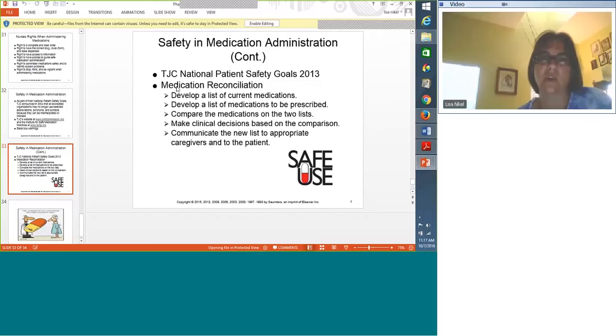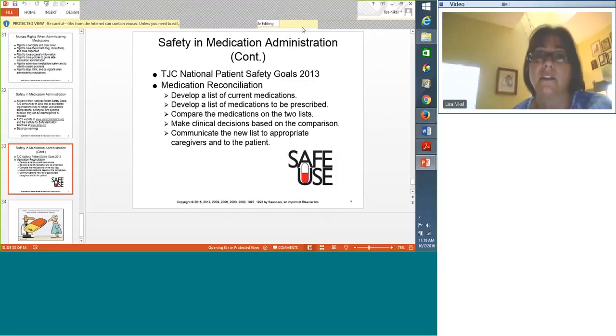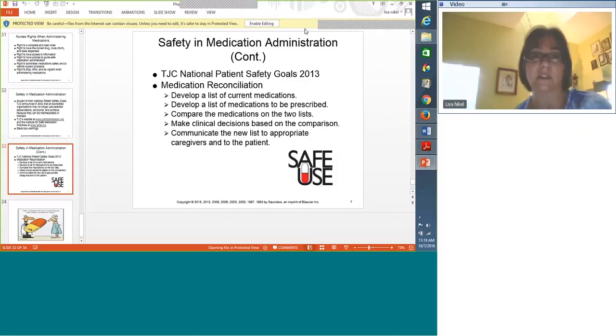Again, as part of the Joint Commission's National Patient Safety Goals in 2013, there's a process called medication reconciliation. When a client comes into a facility, they have a list of the medications they're currently on that is compared to medications that may currently be prescribed, whether they're getting admitted to the hospital or going to a doctor or specialist appointment.